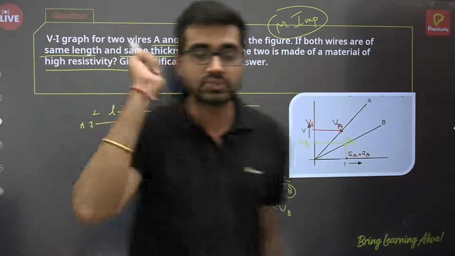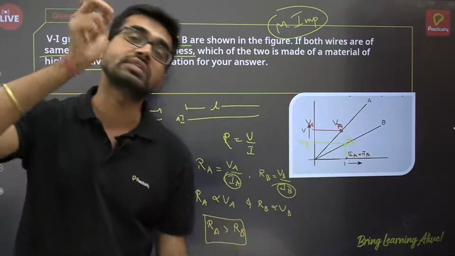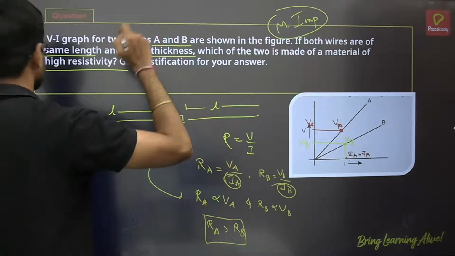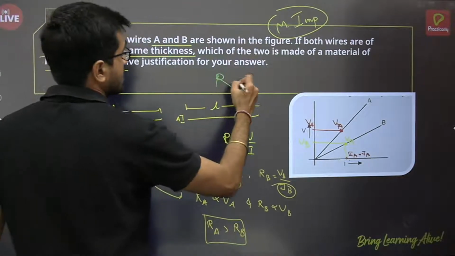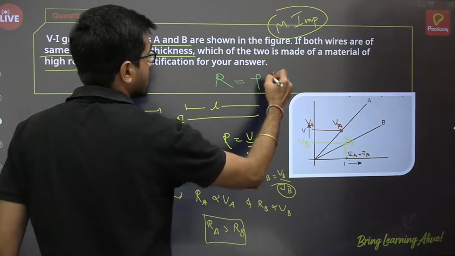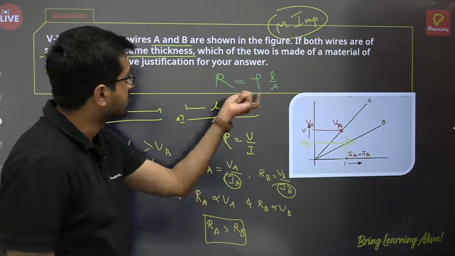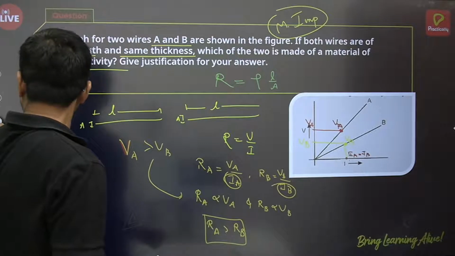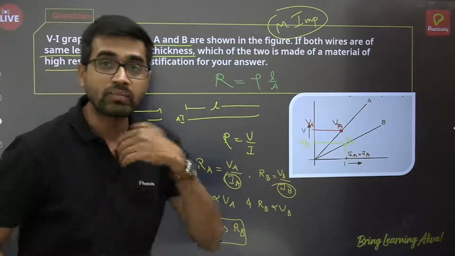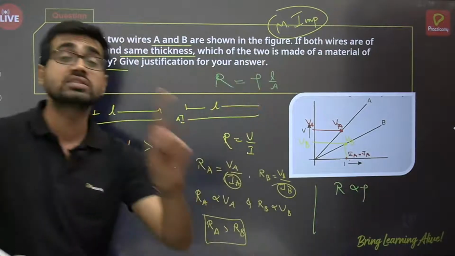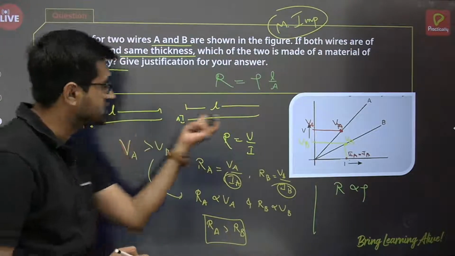How can resistance be greater if I have the same length and the same cross-sectional area? I know by the formula that R is equal to rho L by A. The moment I say R is equal to rho L by A, one more step is R is proportional to rho for the same length and same area of cross section.